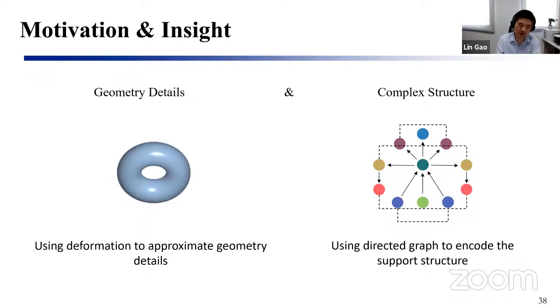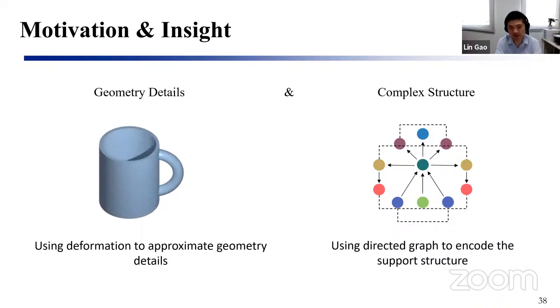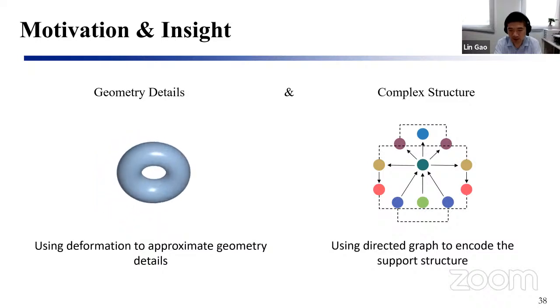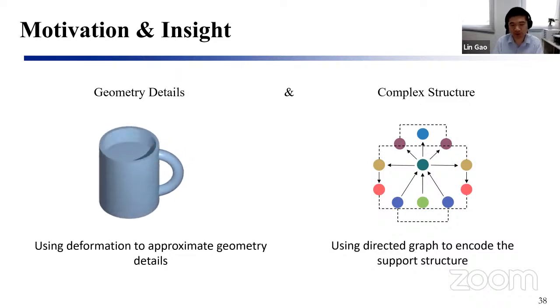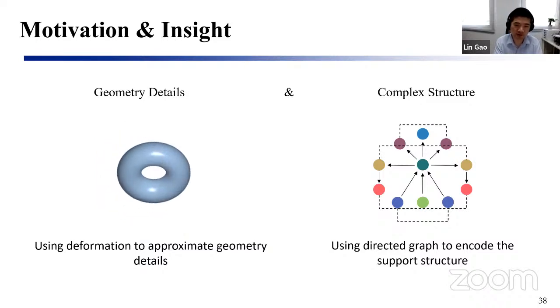This is some work finished two years ago, and in recent years, Jie and I, together with Katrin, have developed some much better structures to represent very complex man-made objects. But this is some initial solution.